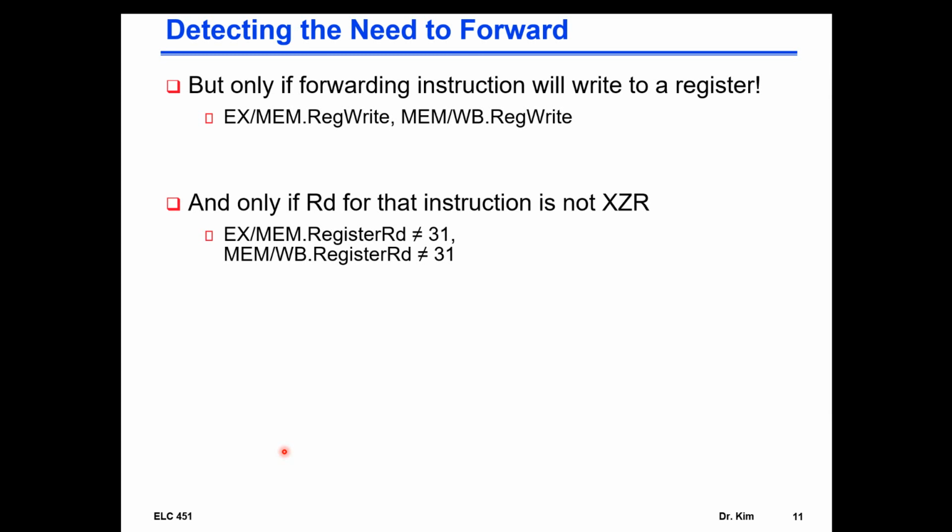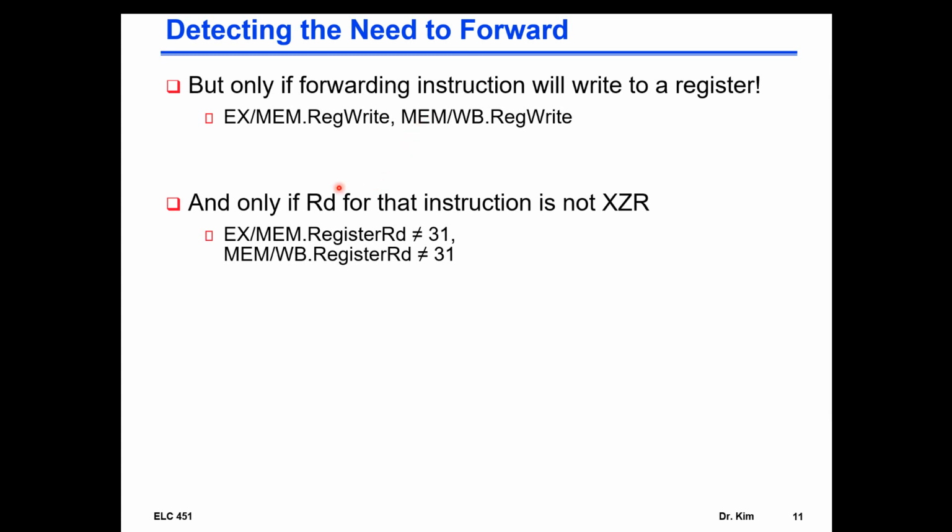The other thing to realize is that we only need to forward if we're going to write to a register eventually. So we have to watch for the register write control signal, because there are instructions that don't write to the register, such as the branches.